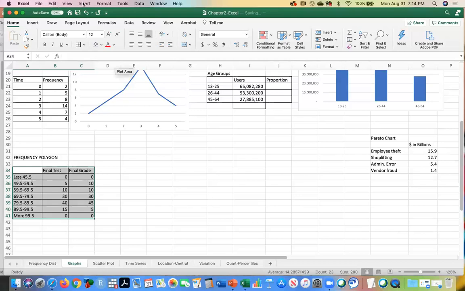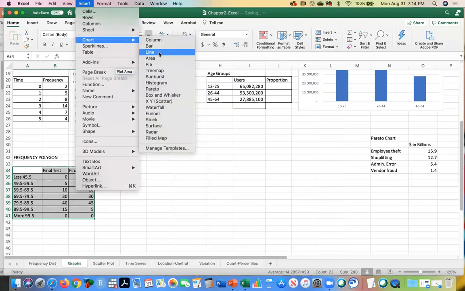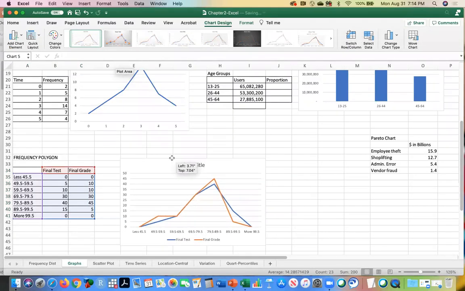We can create 2 polygons that help me see the difference between the 2, right? So this is the final test and this is the final grade. So I can see the difference between the 2 data sets. That is something that in many cases is gonna help me.